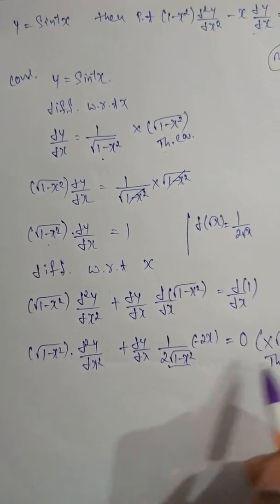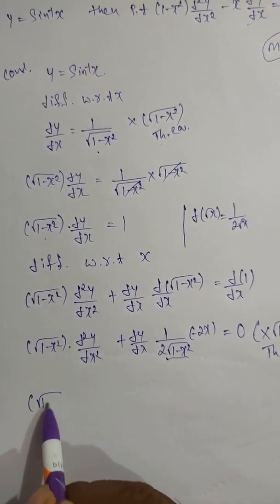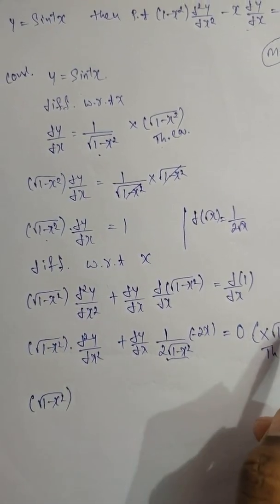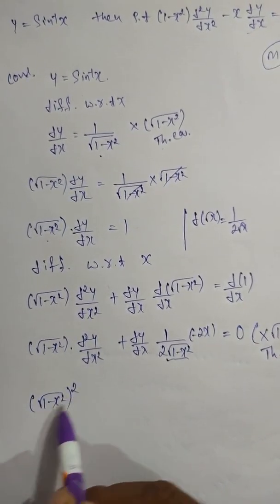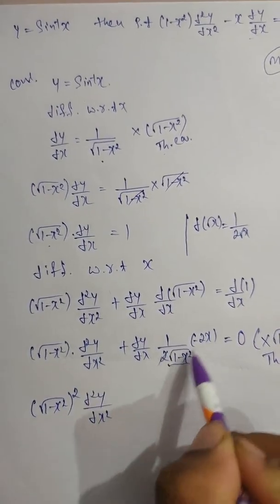Now we are multiplying, so root of 1 minus x square whole square, because if you multiply the root of 1 minus x square once again, it will become root of 1 minus x square whole square into d square y by dx square. Here the 2 cancel.